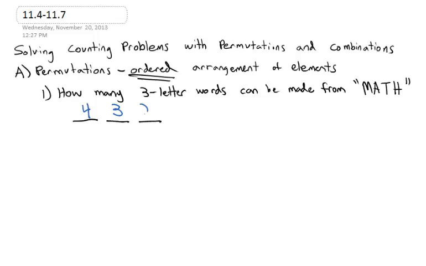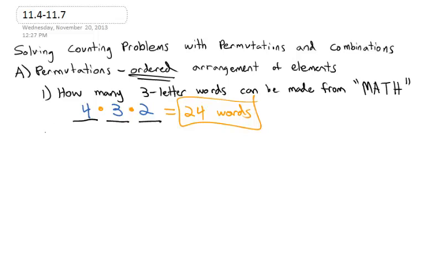And once that's set, there's only two letters to go in the third location. And the multiplication axiom tells us that's 4 times 3 times 2, which is 24 different words. And we could try and list them all out. You know, there's M-A-T, there's M-T-A, there's T-A-M, there's 24 of them.